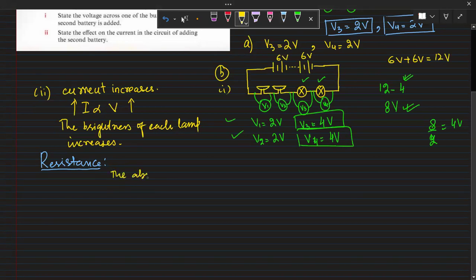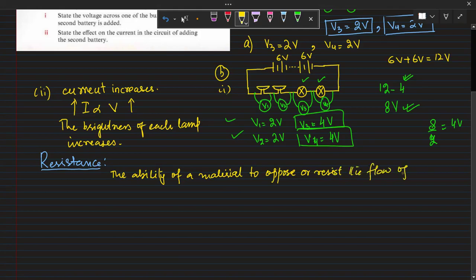The ability of a material to oppose or resist the flow of charge, which you call the flow of electrons.